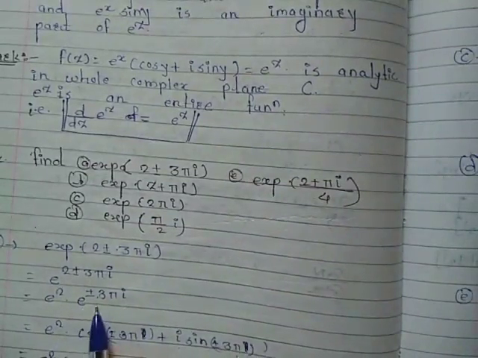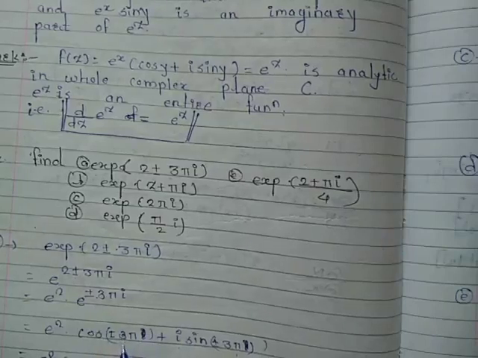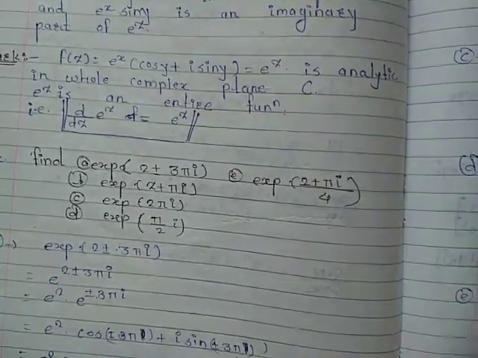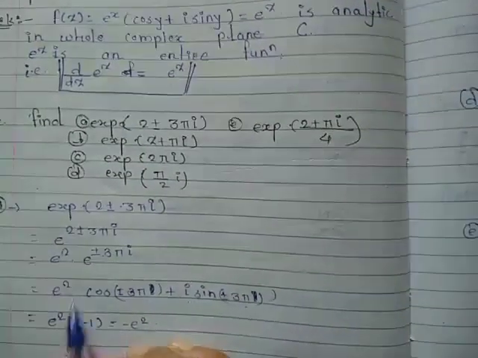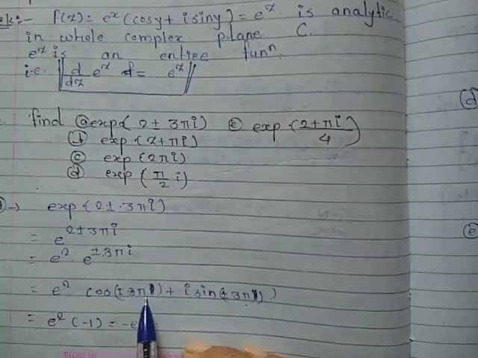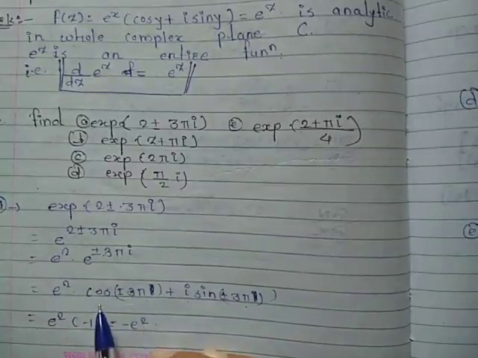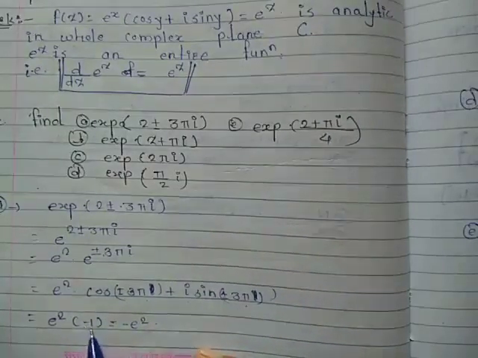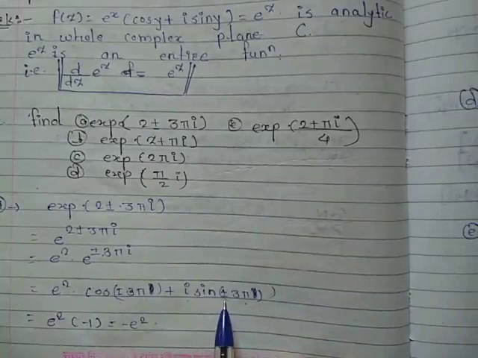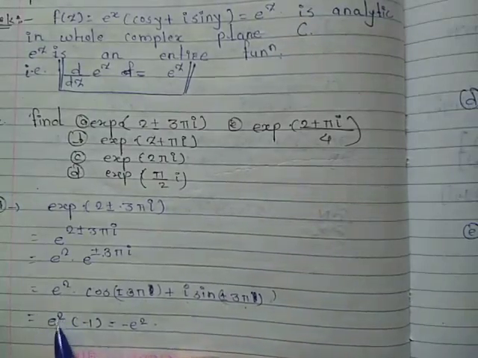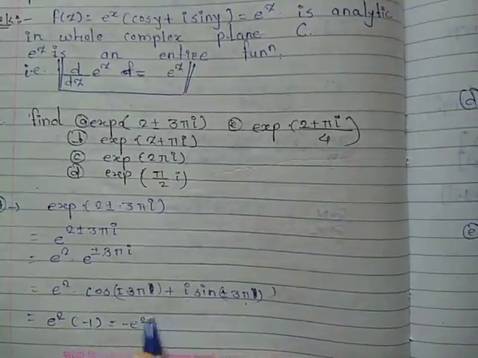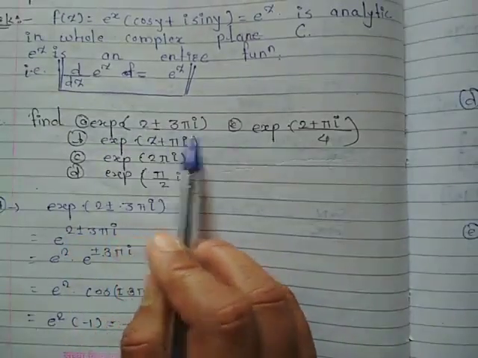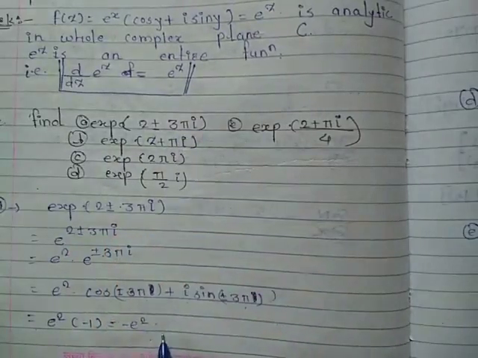By Euler's formula, this is e² times (cos(±3π) + i sin(±3π)). cos(3π) and cos(−3π) are both cos 3π, so cos 3π is −1 and sin 3π is 0. So we get e² times −1, which equals −e². That means the exponential of 2 ± 3πi is equal to −e².